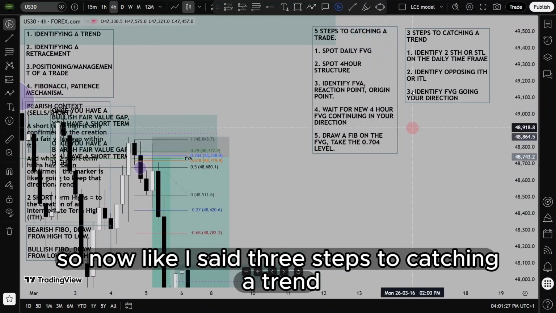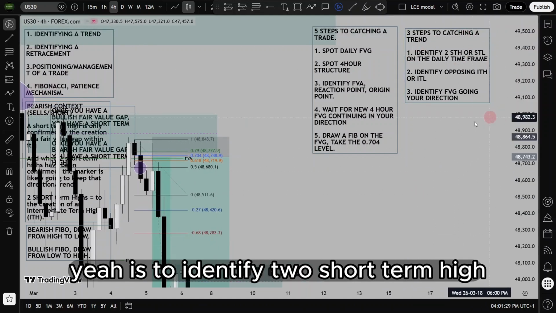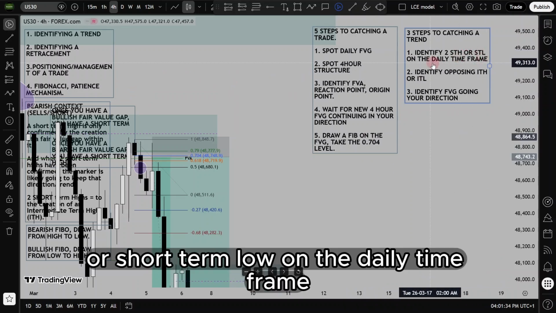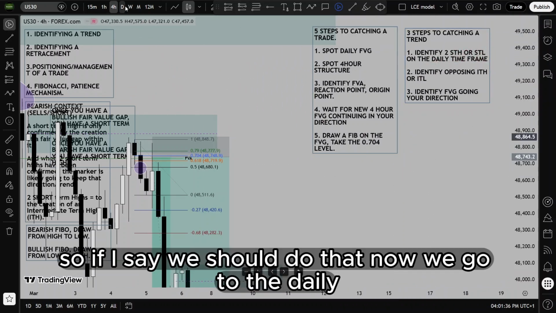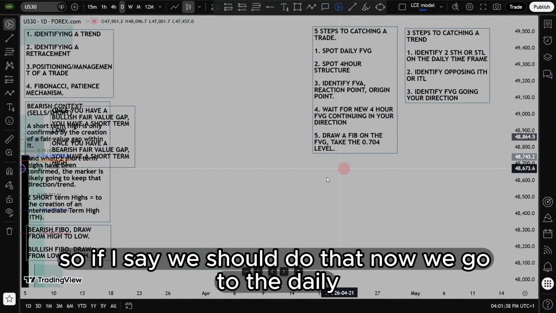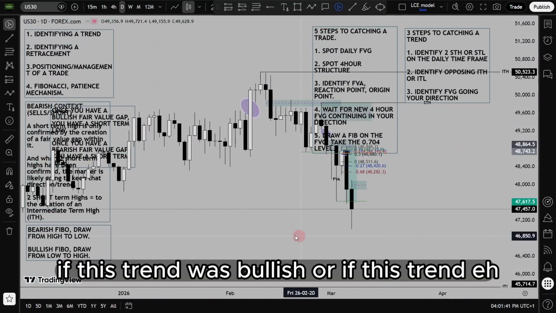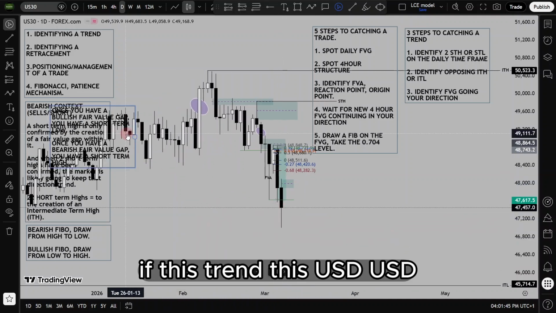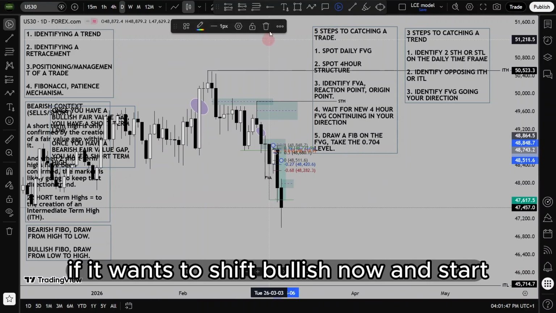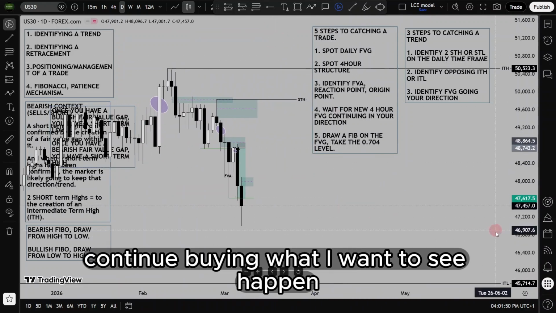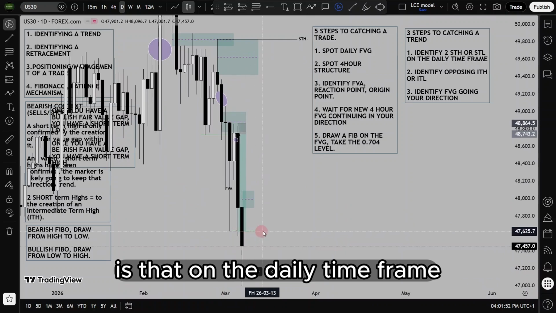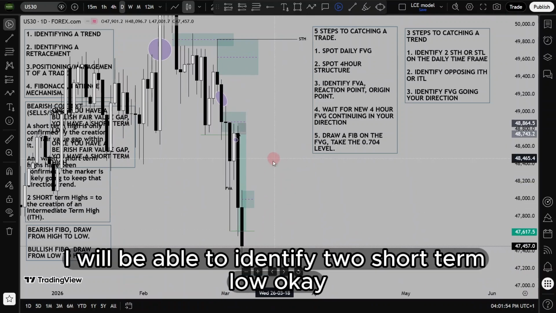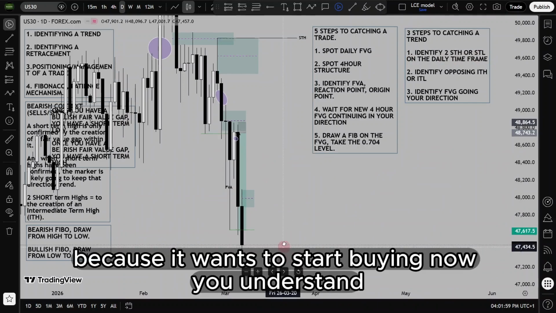So now, like I said, 3 steps to catching a trend is to identify two short-term highs or short-term lows on the daily time frame. If this US 30 wants to shift bullish now and continue buying, what I want to see on the daily time frame is that I will be able to identify two short-term lows, because it wants to start buying now.